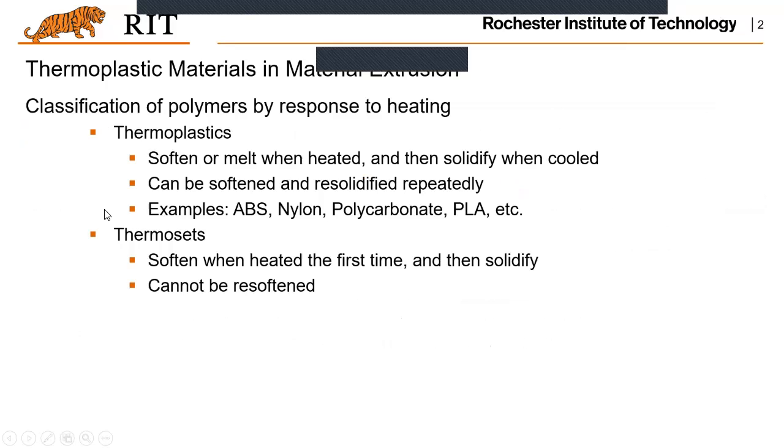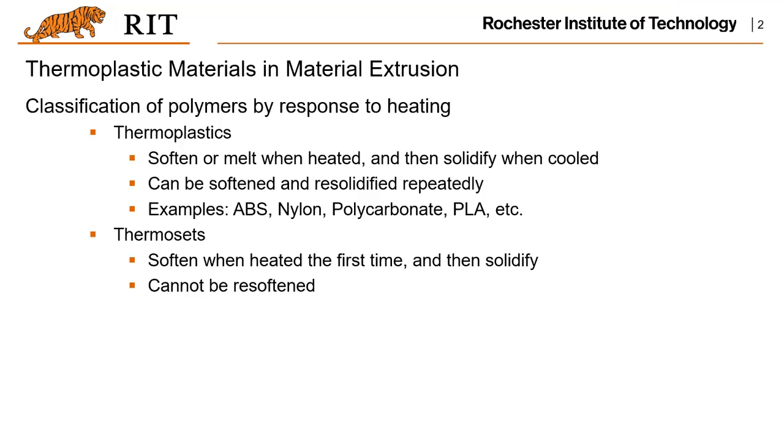Another also widely used one is the thermoset. The major difference between the two is that after softening or melting of the material, thermoplastic can be remelted, but thermosets cannot be resoftened and remelted. So that's the primary difference between these two materials.